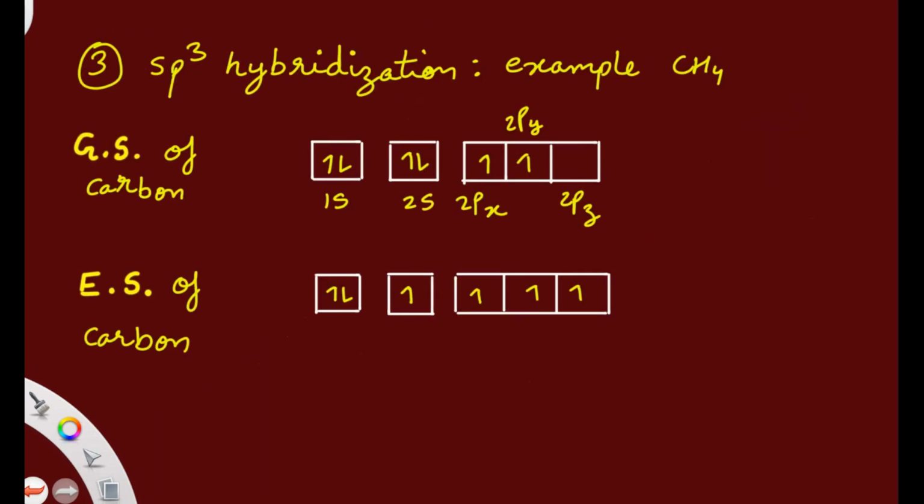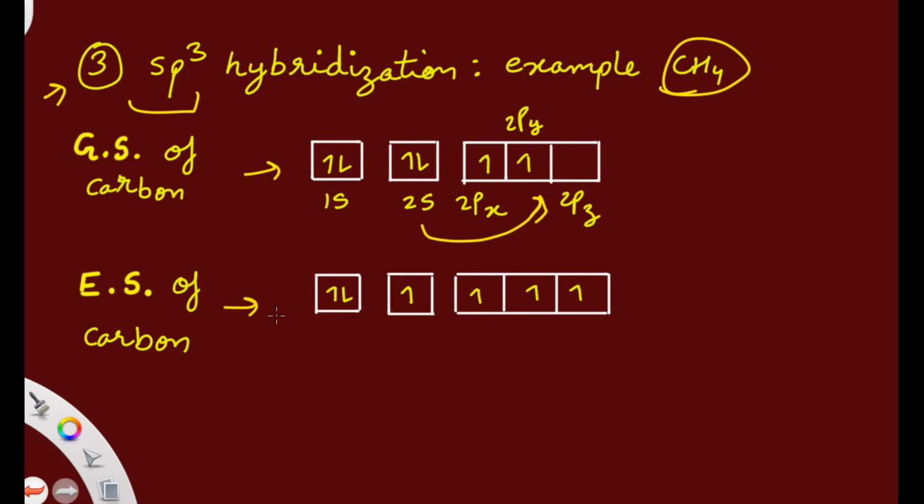Now let's take a look at the next, sp3 hybridization. Most commonly used hybridizations in organic chemistry are sp3 and sp2. Here we are taking the example of CH4, methane. The ground state of carbon is 1s2, 2s2 and 2p2, right? Now the 2s electron will jump to the p orbital. This is the excited state of carbon.